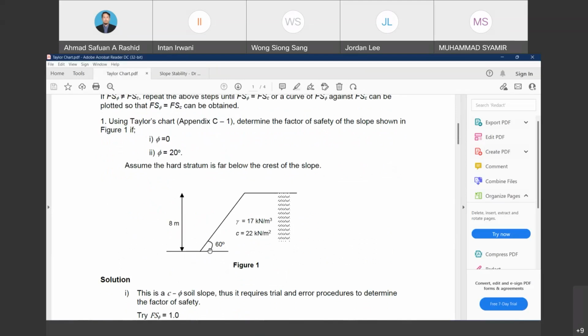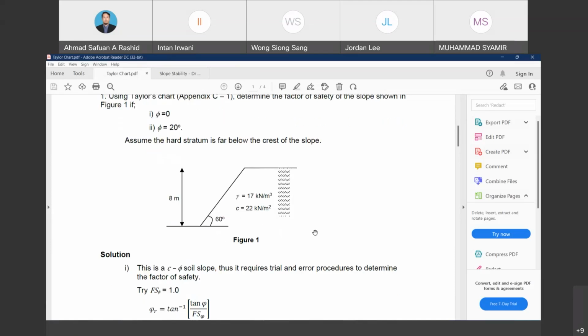So if far, we can assume it doesn't have any ND value, or the ND value is equal to infinity. But the ND is related to phi equal to 0 only. It doesn't relate to phi greater than 0.